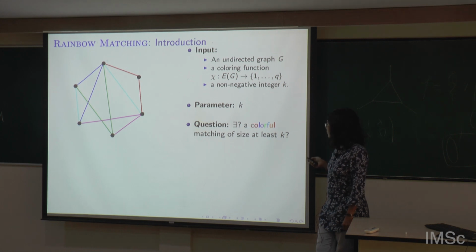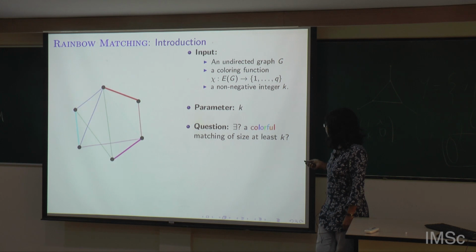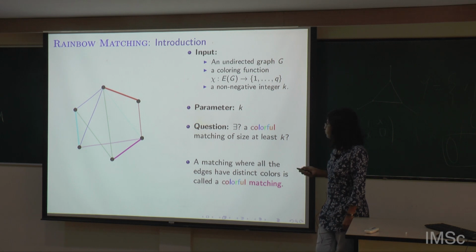What do we mean by colorful matching? A colorful matching means all the edges in the matching have distinct colors. If you look at the bold edges here, red, purple and cyan, they form a colorful matching. I want a colorful matching of size at least k, and k has to be upper bounded by q because q is the total number of colors we have. So the parameter we'll be looking at is k.